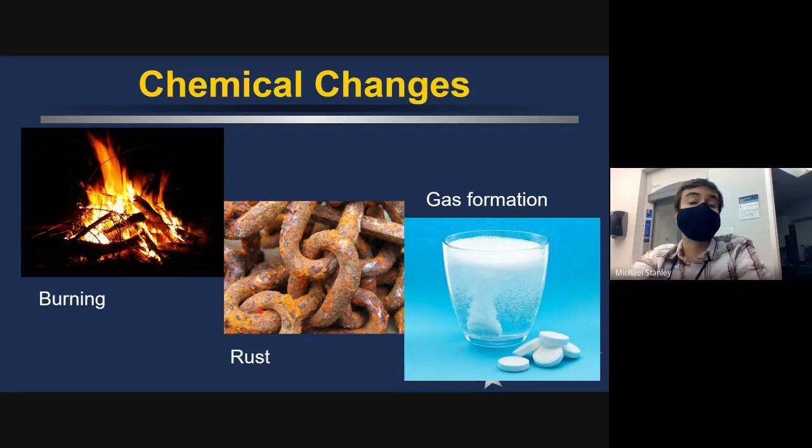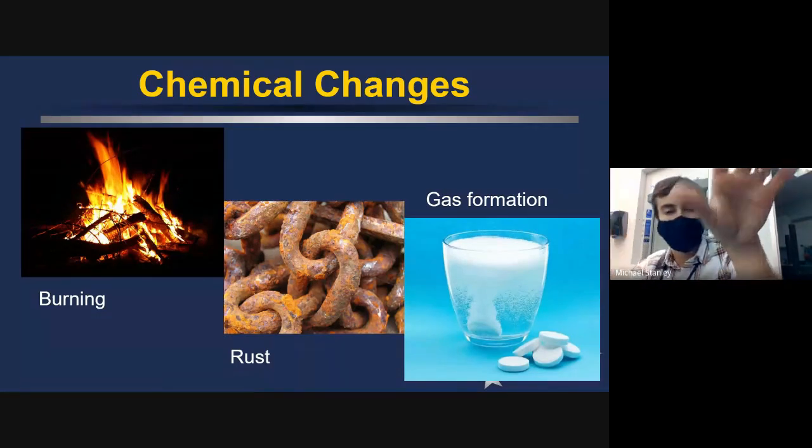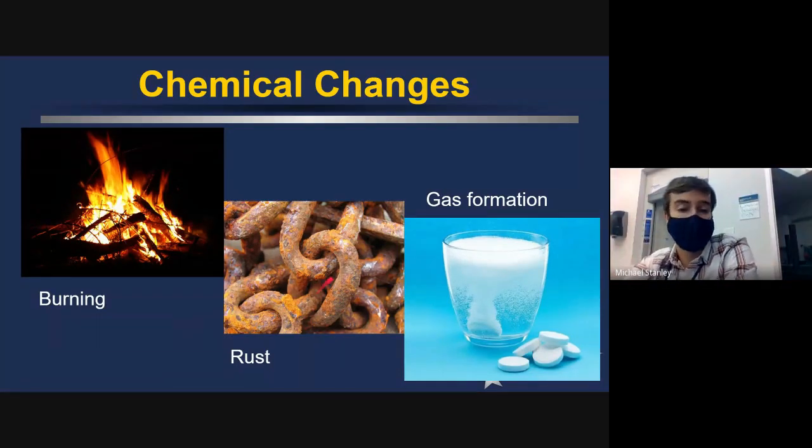And so very different set of properties from the original iron itself. So rusting is the result of a chemical change from iron and water and air to iron oxide, aka rust.